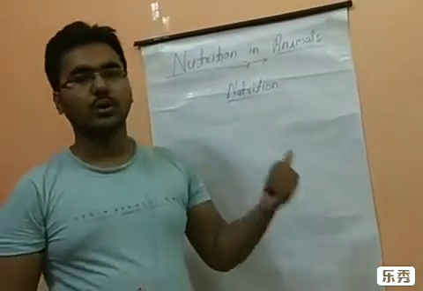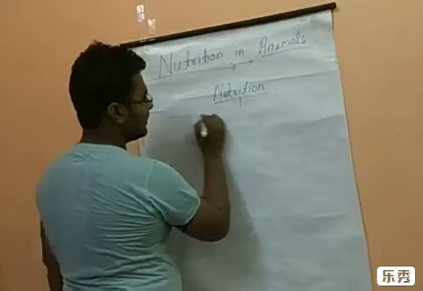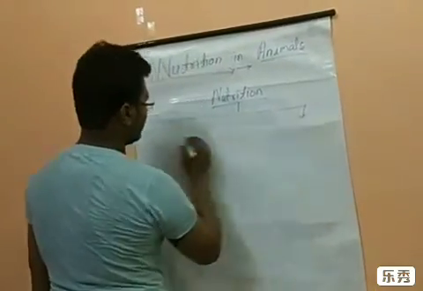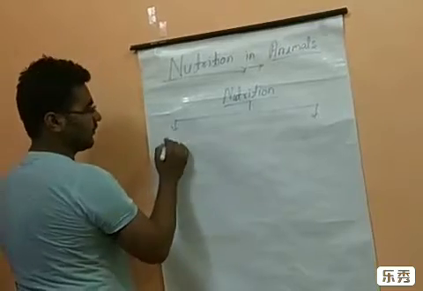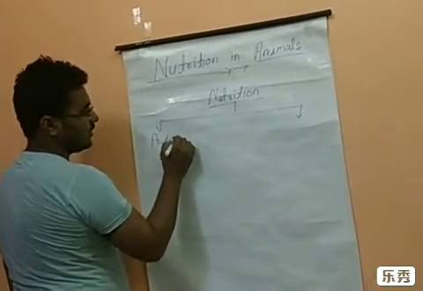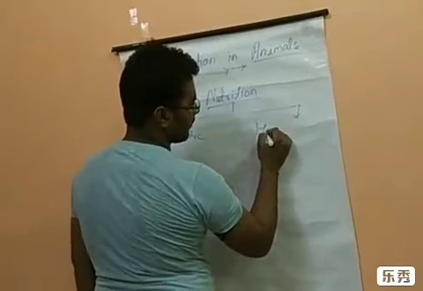Now, it is of two categories. There are two categories of nutrition. We will write that. First one is autotrophic and second one is heterotrophic.